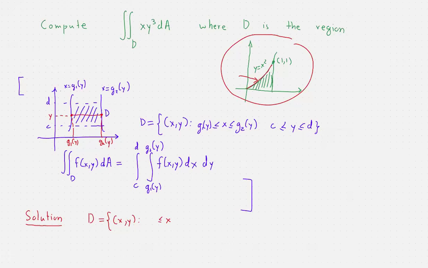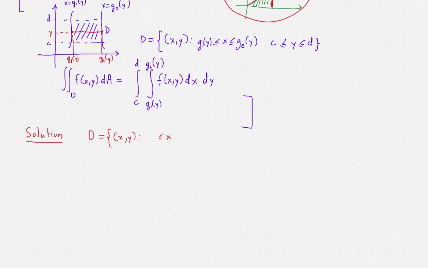And the right boundary is the line x equals 1. So that means that I will have square root of y and 1. And y is simply between 0 and 1. And now I have everything that I need.